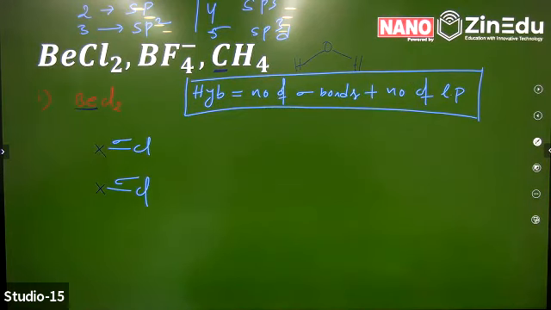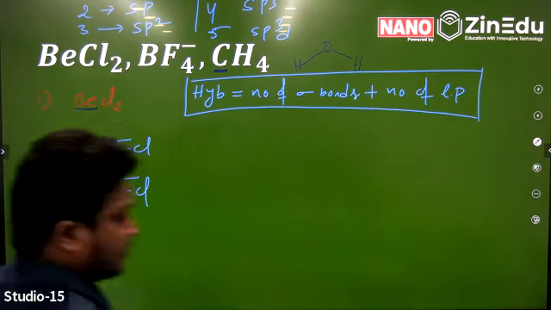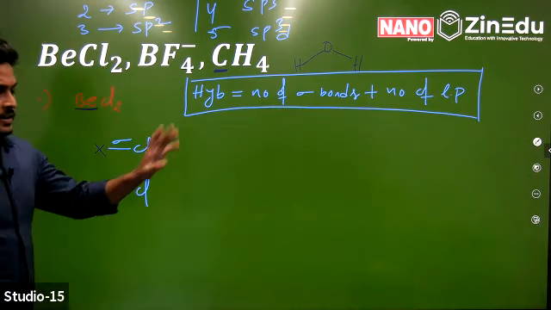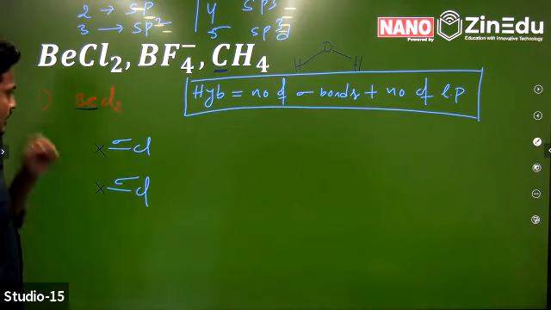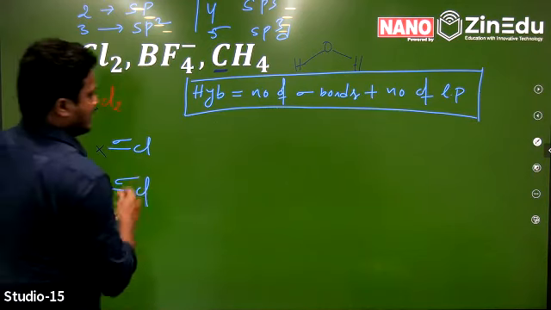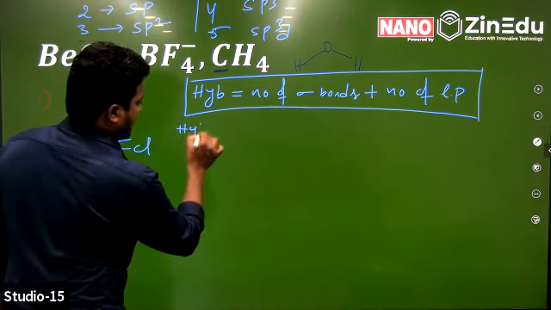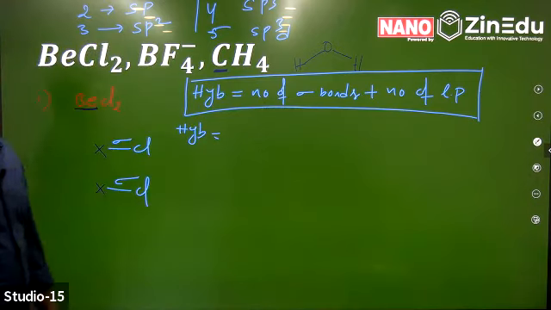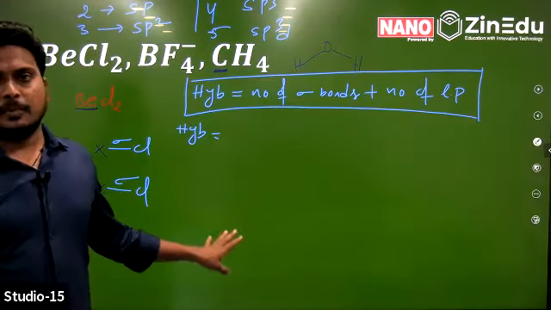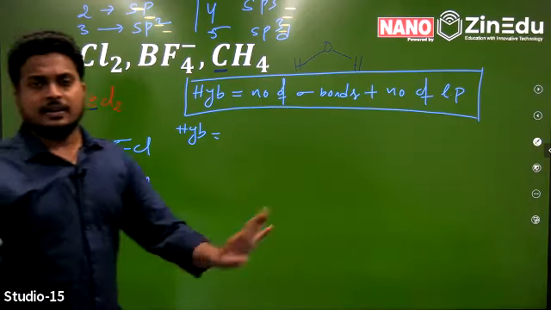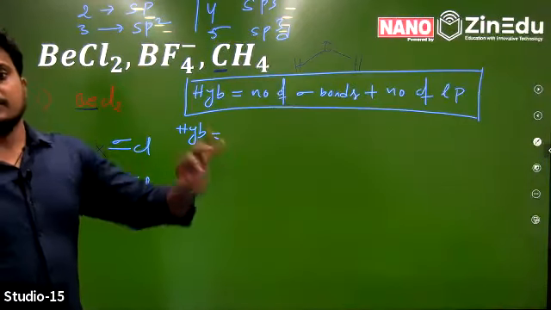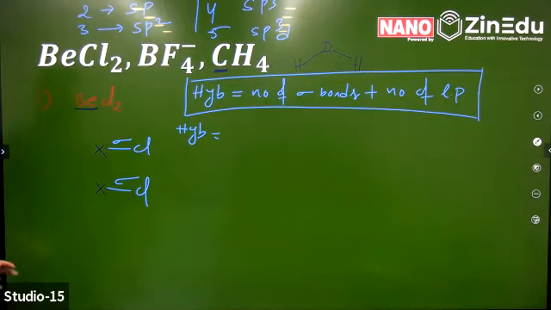Now the total count here is 2. By using this method, you can easily identify the number of lone pairs and bond pairs, and the hybridization and geometry of the central atom of the given molecule, right?